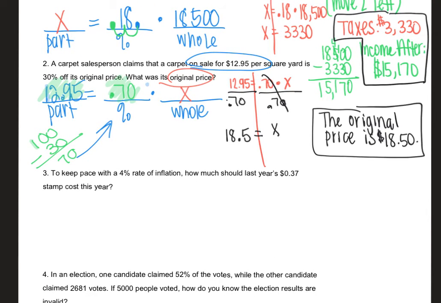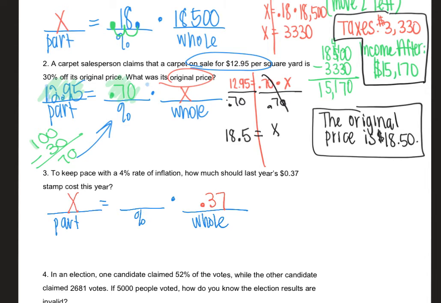This year is going to be some part of last year's. So again, the trick with this one, and I tried to pick these that had a trick to them. If we think about part and percent and whole, with what I just said, this year is going to be some percent of last year. So we don't know the part because we don't know this year, but we do know last year's, which is 0.37.